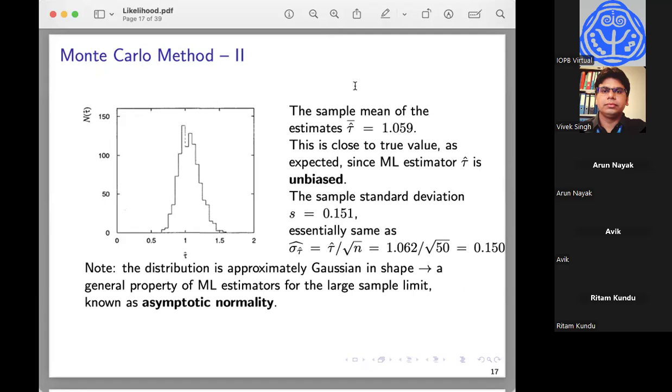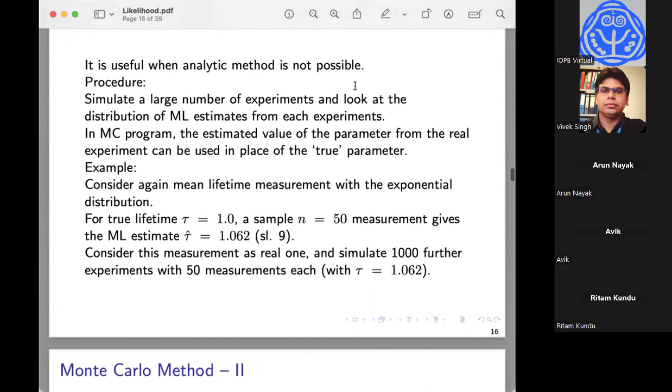Now, here is the thing that we are talking about from the Monte Carlo method. From the set of observations you got the sample mean, tau hat, which is something like 1.05. Then you use that as the true value of the estimator, and regenerate.